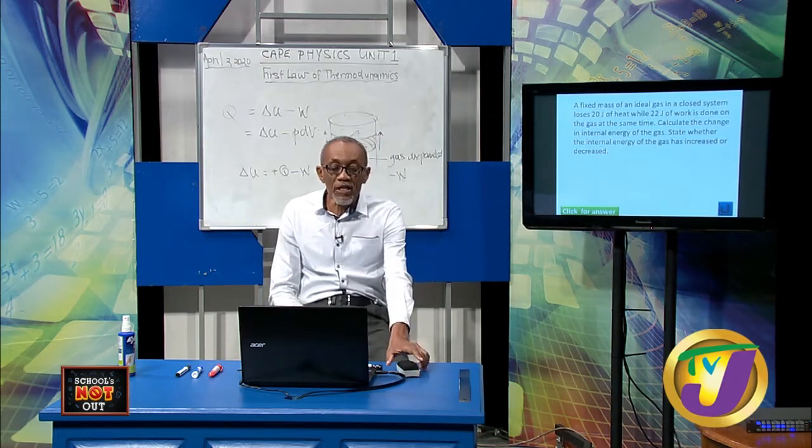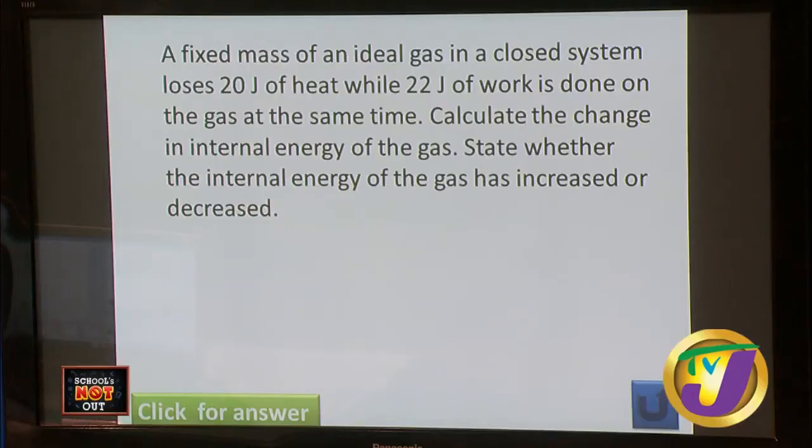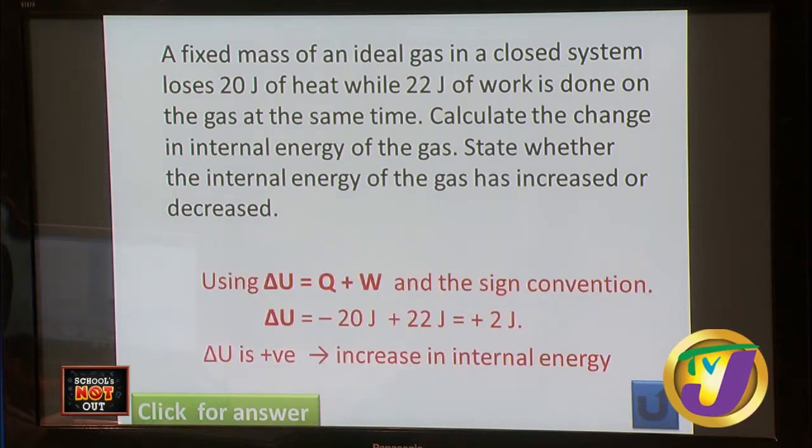All right, it says a fixed mass of an ideal gas in a closed system loses 20 joules of heat while 22 joules of work is done on the gas at the same time. Calculate the change in internal energy of the gas and state whether the internal energy of the gas has increased or decreased. So let's click for the answer.